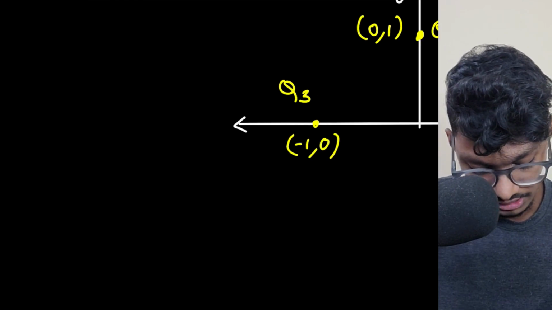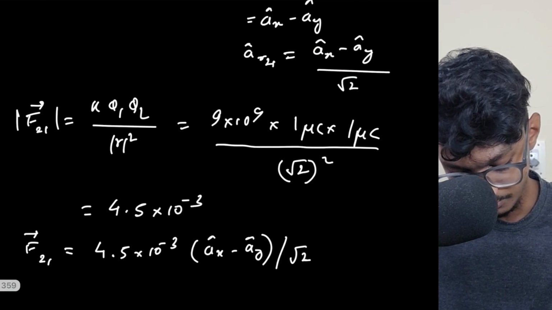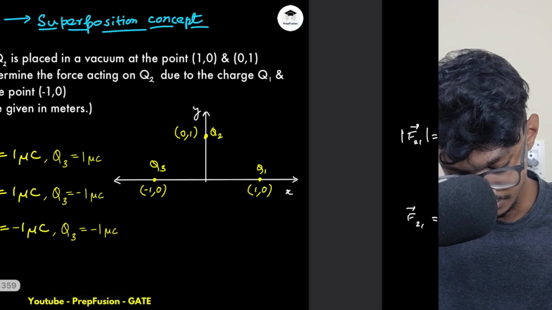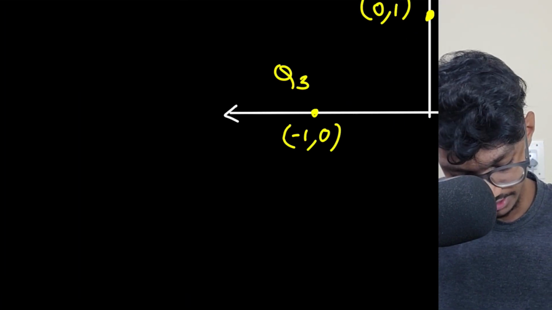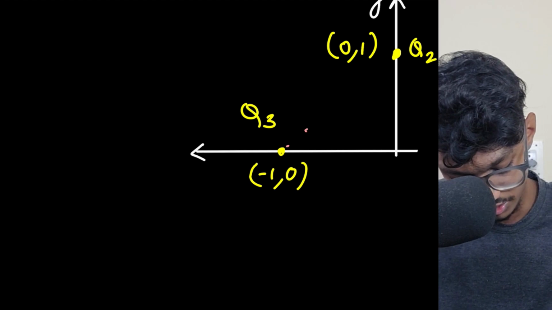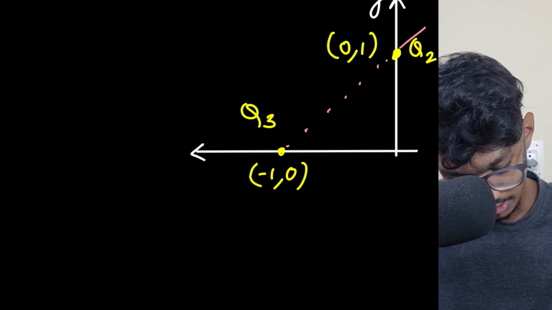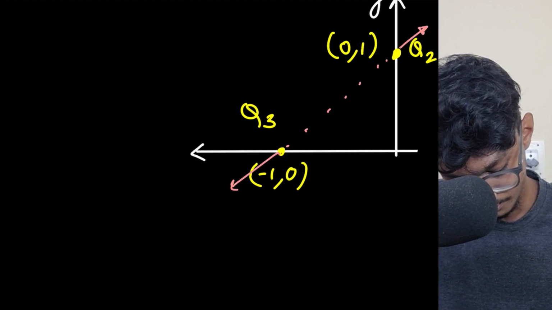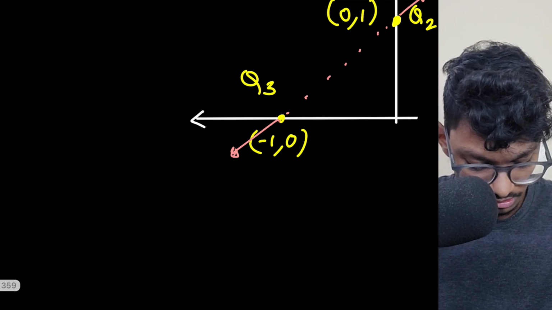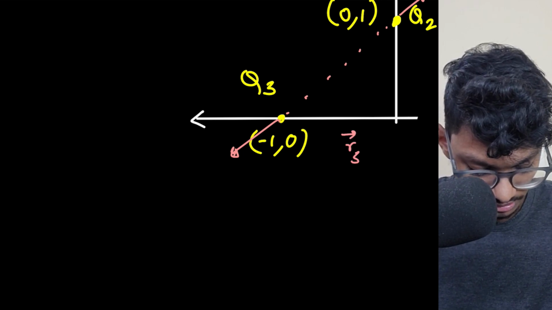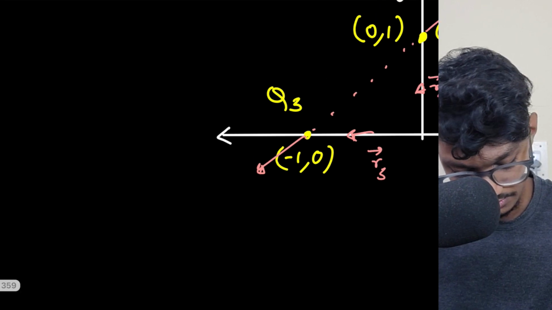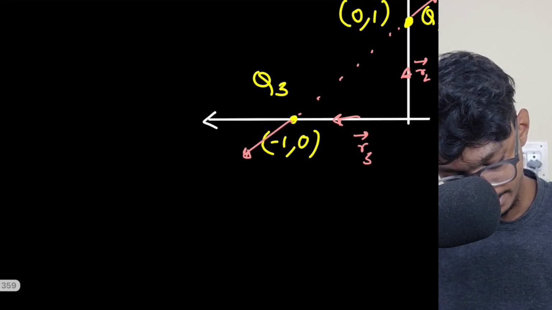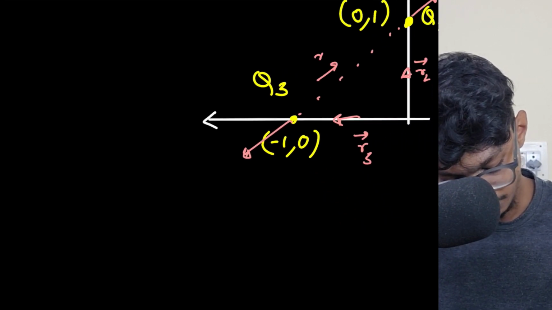Here the direction of the force, again they are positive charges because all of them are plus, +1. So this direction will be something like this, along the line joining these 2 points, and they will repel each other. Again I will assume this is the r3 vector in this direction, this is the r2 vector in this direction, and let's say this vector is some x vector.